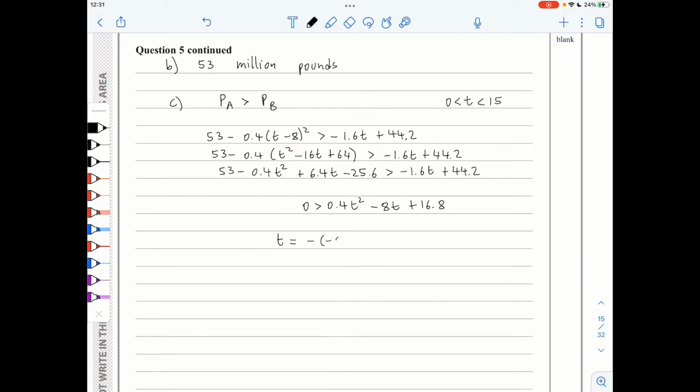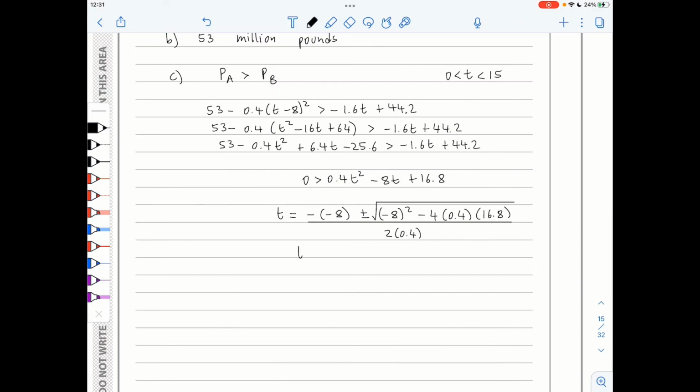So minus b plus or minus the square root of b squared minus 4ac, over 2a, which is 2 times 0.4. We get that t is 10 plus or minus root 58.